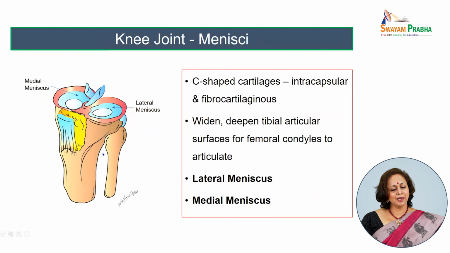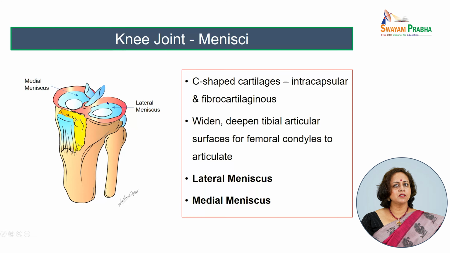Let's look at another diagram now. Here we have depicted the knee joint, but you're looking at only the tibial surface, and this is the patella, the ligamentum patellae, a part of the quadriceps tendon, and these blue C-shaped structures are the menisci. This is the fibula here, which doesn't take part in the knee joint.